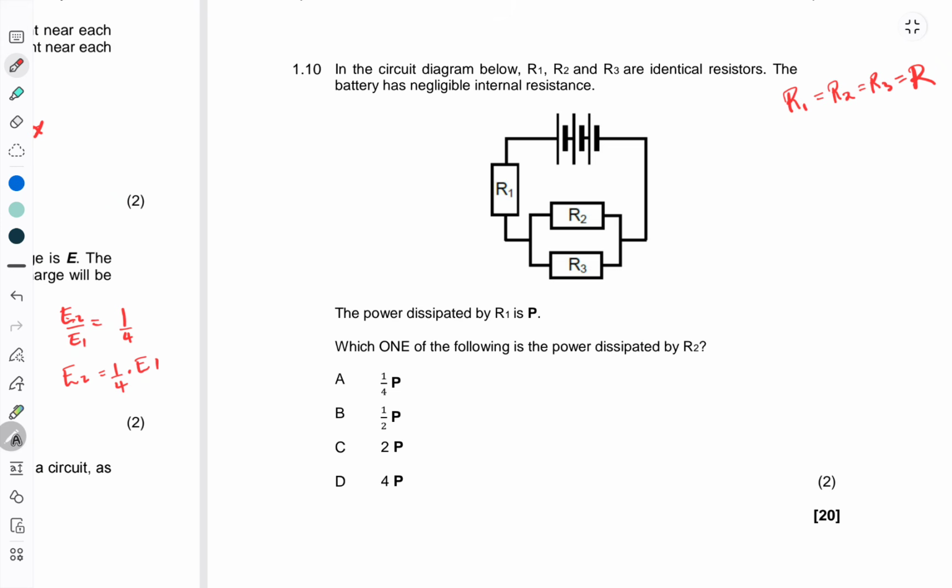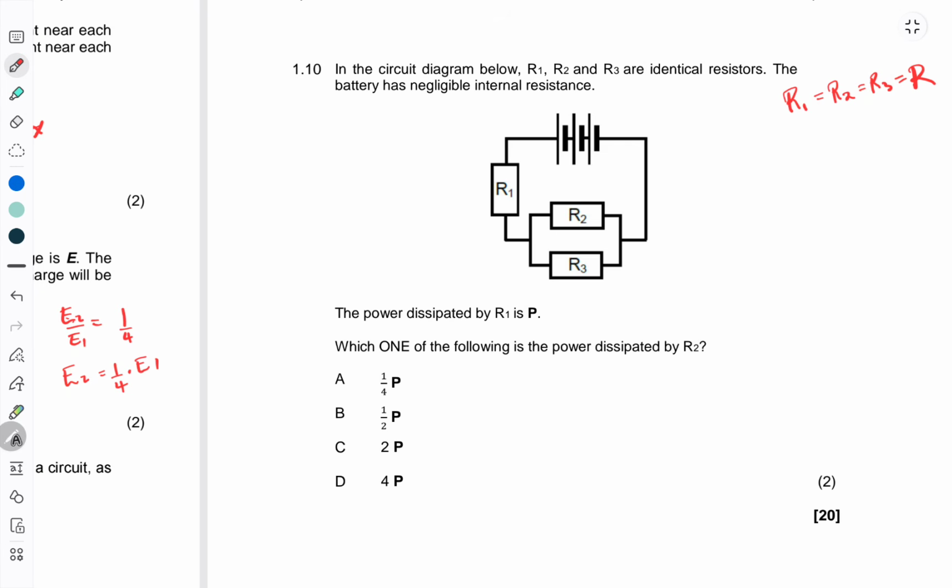So that's how it is. And now, we know that the battery has negligible internal resistance, which means if you were given that the voltage is 20 volts, for instance, it will be the supplied voltage to the circuit because there's no internal resistance to reduce this.